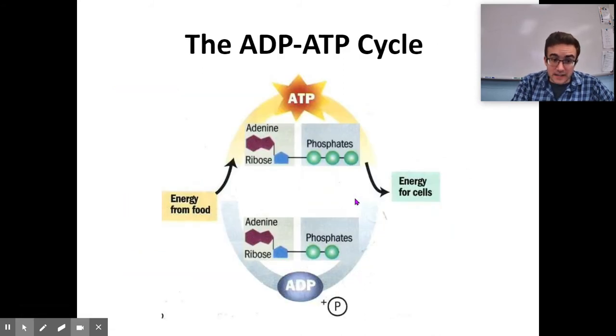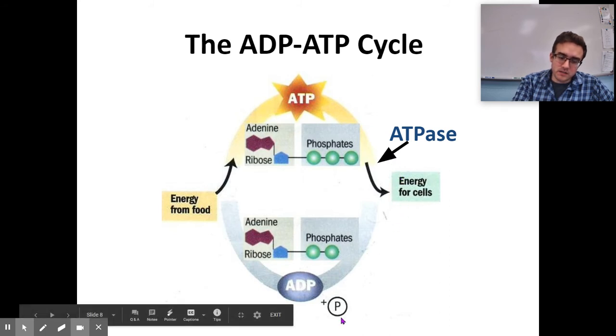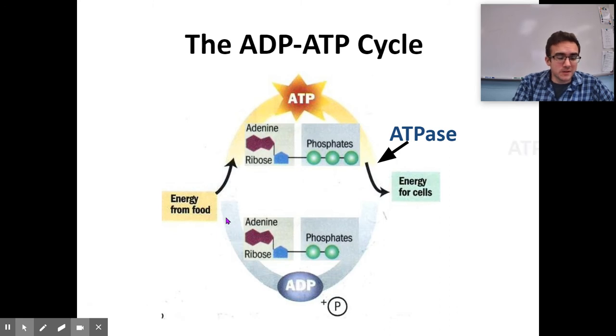So if you were to look at this cycle, we start with ATP, we add ATPase here, it undergoes hydrolysis, we get ADP plus a phosphate, some energy is released, and then we get some energy from the food we eat, from glucose, to make ATP, and that undergoes ATP synthase.